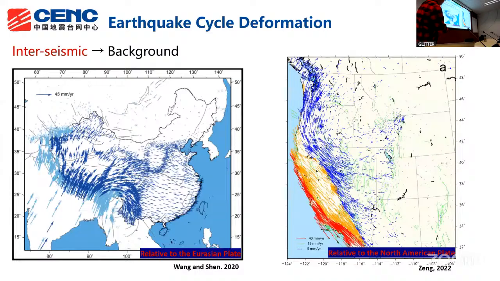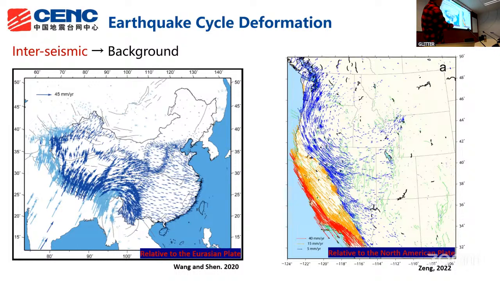So first, the interseismic. For the interseismic, we often use GNSS to get this result. This shows China, and this is Western America. This is relative to the Eurasian plate, and this is relative to the North American plate.